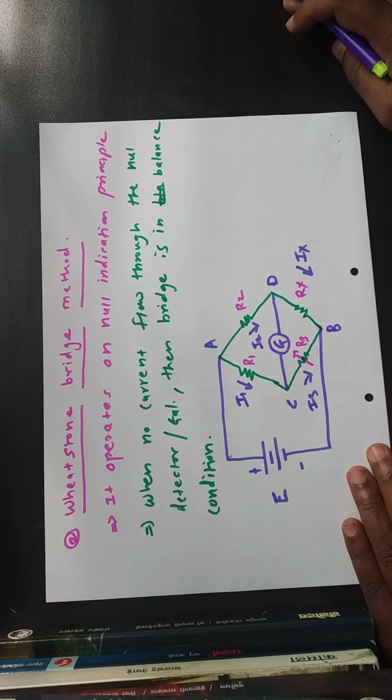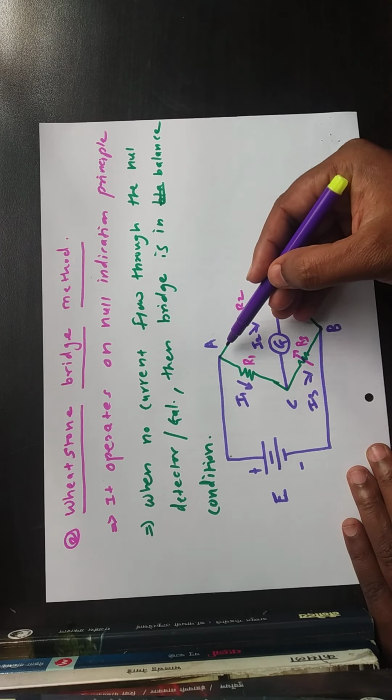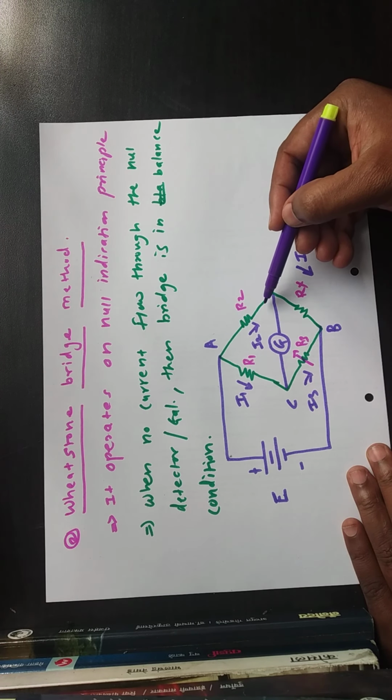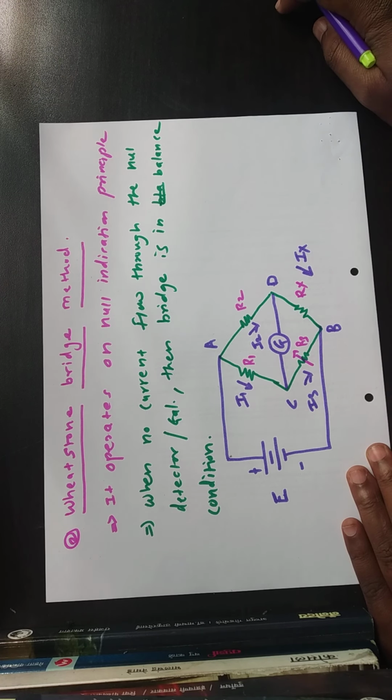So you can see the Wheatstone bridge circuit. This is R1, R2, R3 and Rx. Current flows like this: I1, I3, I2, Ix. And this is a galvanometer.